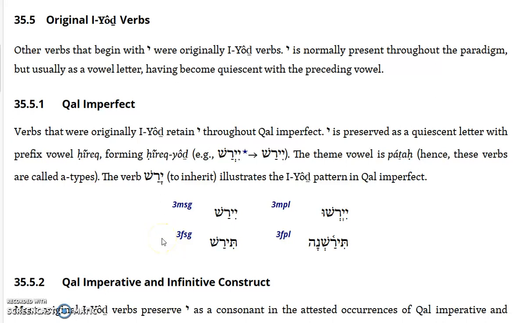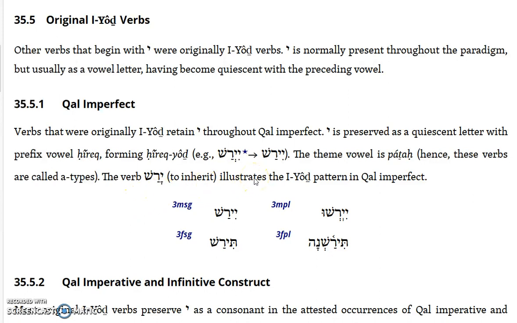Well, now I continue with a discussion of the first Yod verbs that actually were originally first Yod verbs. Most first Yod verbs in Hebrew were actually originally first Vav verbs, but there are a number of original first Yod verbs, and they will behave differently than original first Vav verbs.